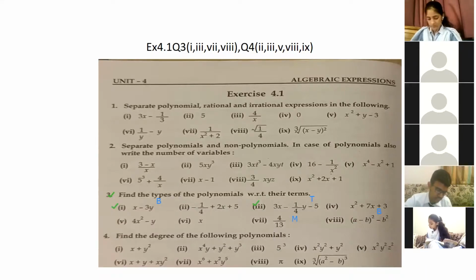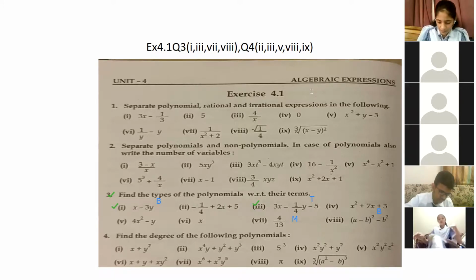See, what is degree? Having variable having the highest power. Can you see the variable over here? No. So you can't see any variable. Then what will be the degree? 3.